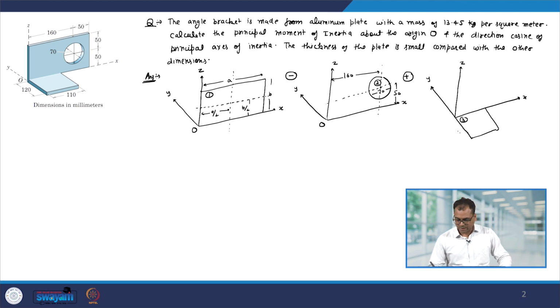Now, for the third part, this length is 120 and this is 110. Now, we have to find the principal moment of inertia of this bracket.